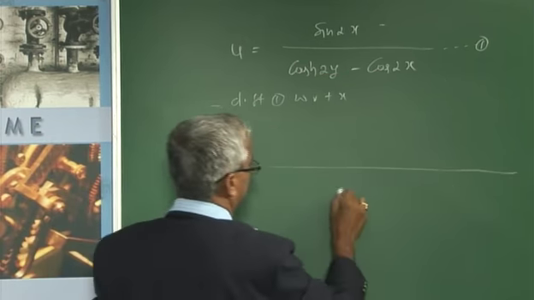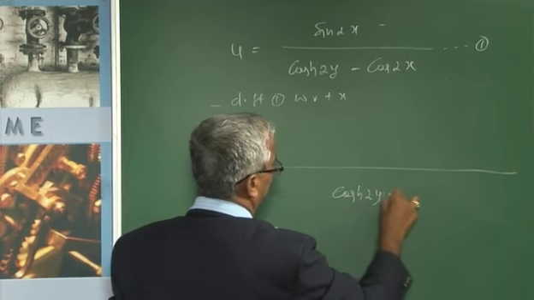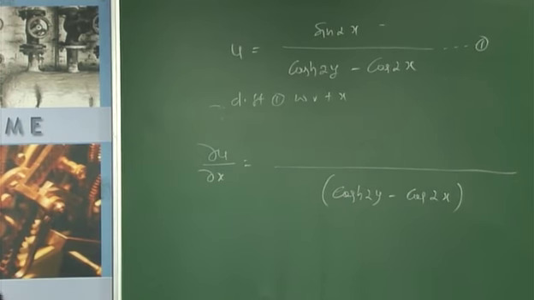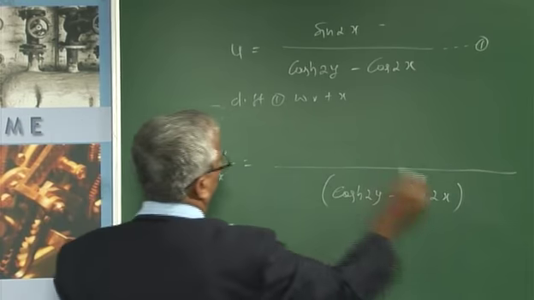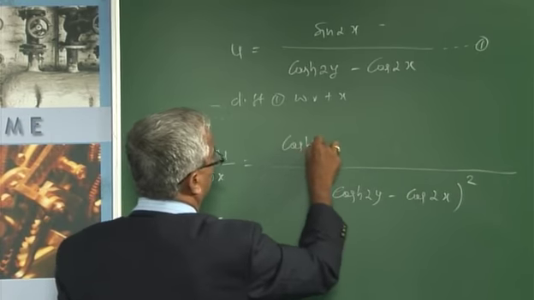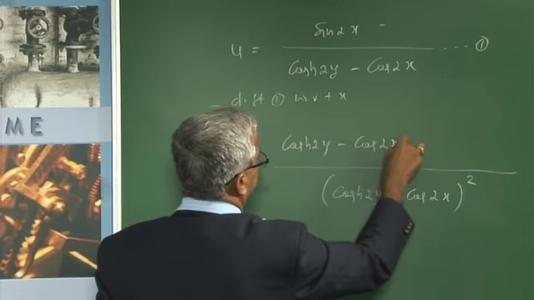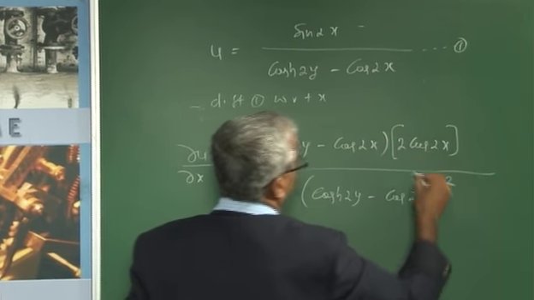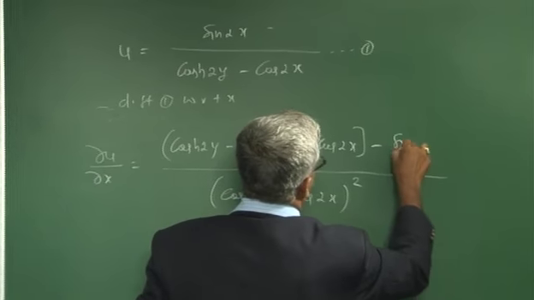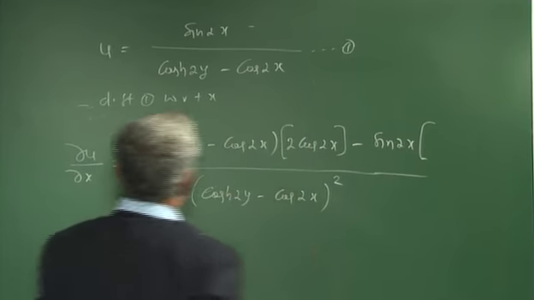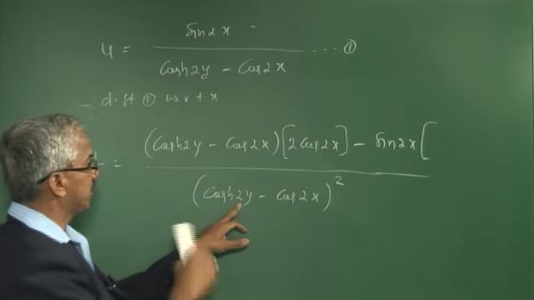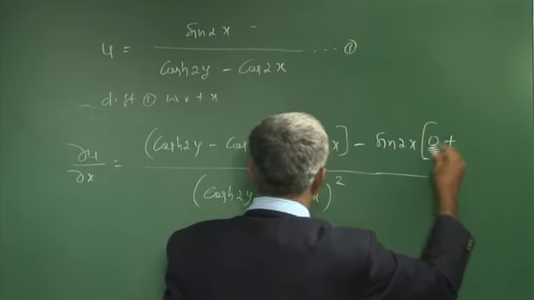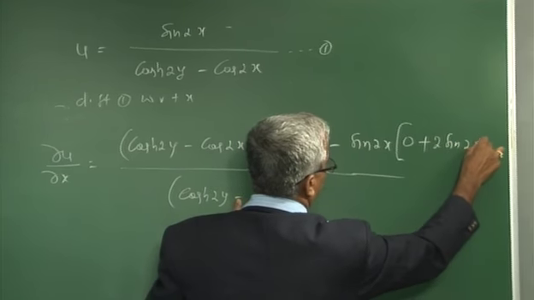The u by v method says: (cosh 2y minus cos 2x), whole squared, in the denominator, and (cosh 2y minus cos 2x) times the derivative of sin 2x, which is 2 cos 2x, minus sin 2x times the derivative of the denominator. The derivative of cosh 2y with respect to x is 0, and minus the derivative of cos 2x is 2 sin 2x.